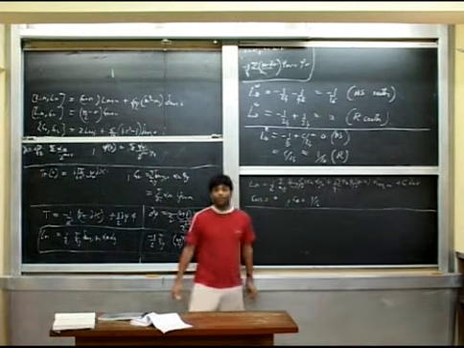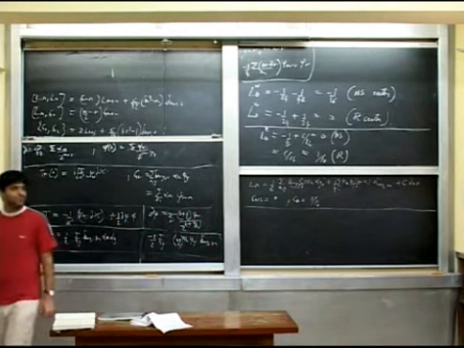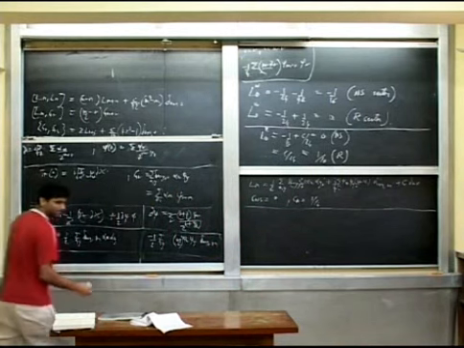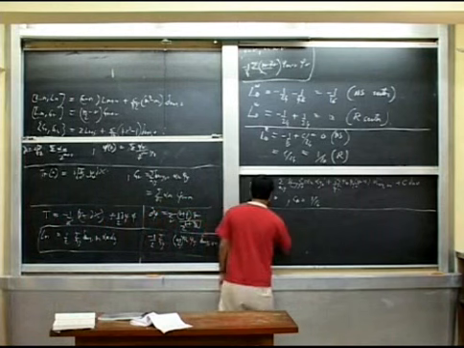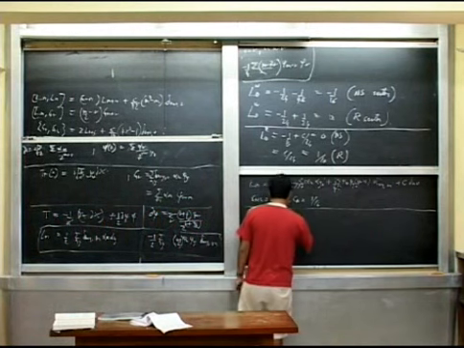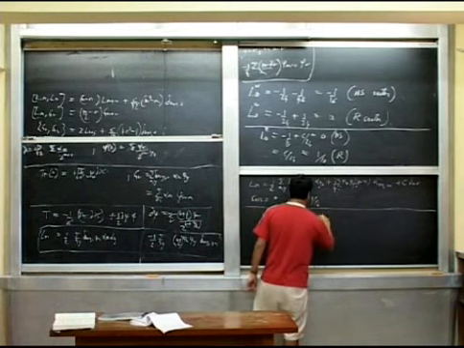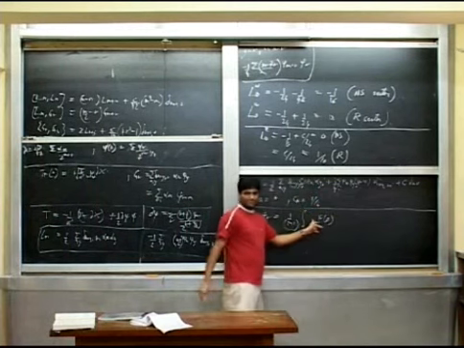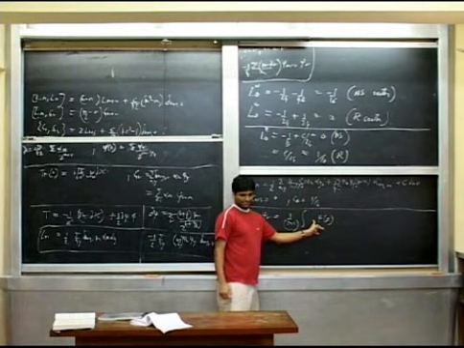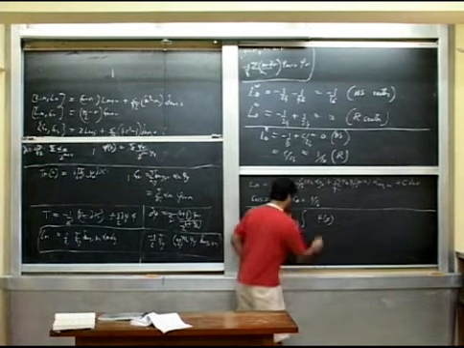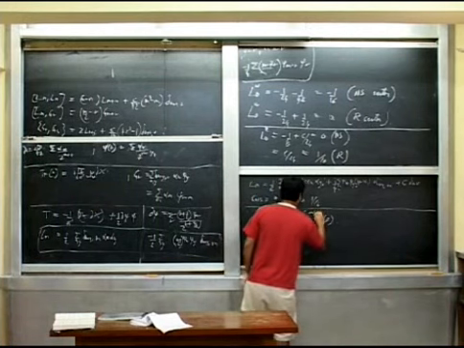Let's compute the anti-commutation relations between psi r and psi s. So psi r is equal to 1 by 2 pi i, and now somebody tell me what factor of z it is. Z to the power r plus half minus 1, so z to the power r minus half.